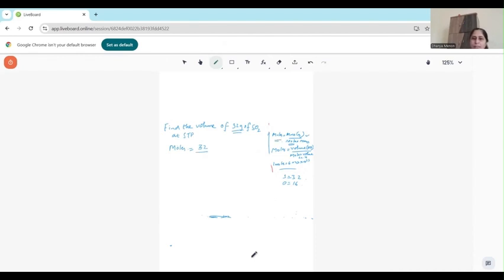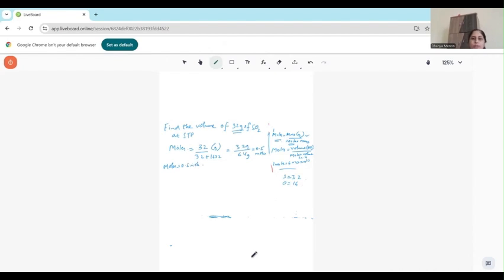Mass in grams over molar mass: sulfur is 32 over 16 times 2, 32 over 64, which is equal to 0.5 moles. So I just used the first formula: moles equal to mass in grams over molar mass.